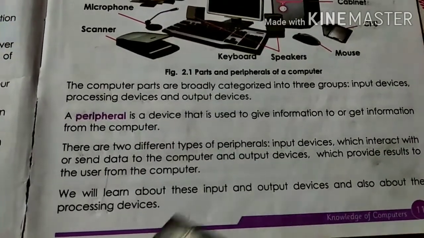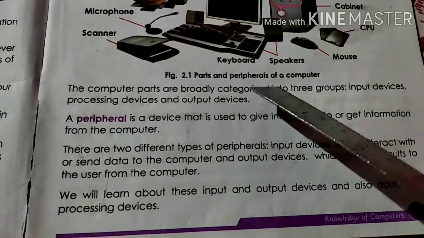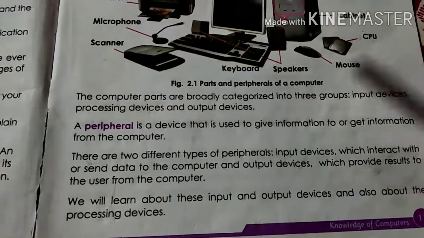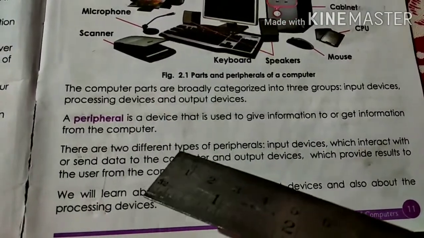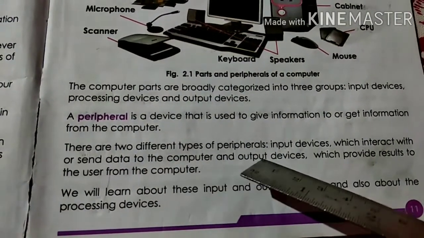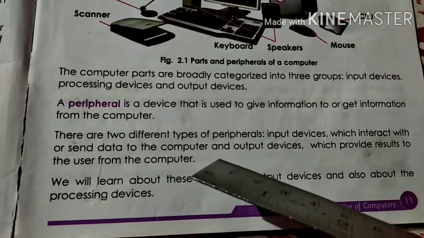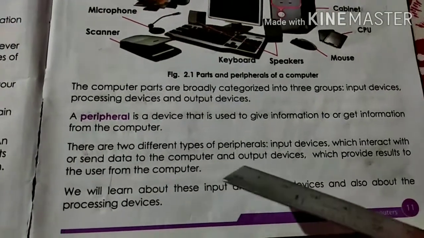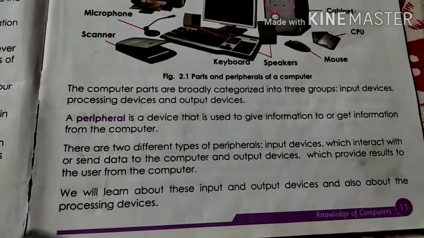So basically students, computer parts are categorized in three groups, that are input devices, processing devices and output devices. And peripherals are categorized into two types, that is input devices which help us to give instructions and information to the computer, and output devices which help us to provide results.